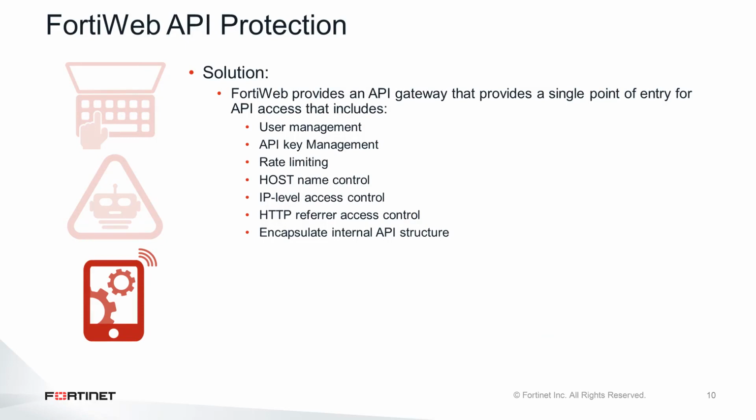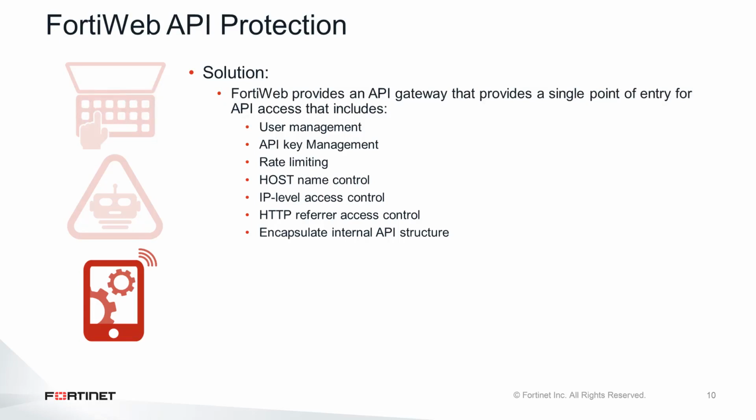The attack surface on your web applications evolves rapidly, changing every time you deploy new features, update existing ones, or expose new web APIs. You need a solution that can keep up. FortiWeb is that solution. FortiWeb provides an API gateway that provides a single point of entry for API access that includes user management, API key management, rate limiting, host name control, IP level access control, and HTTP referer access control.